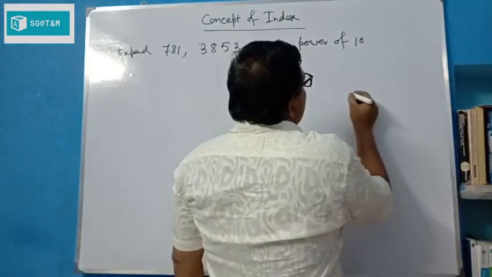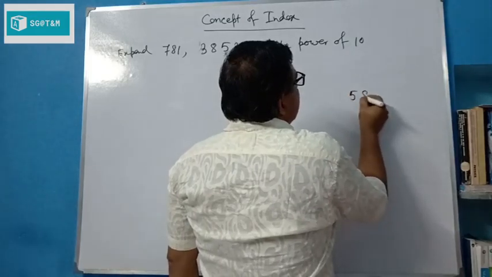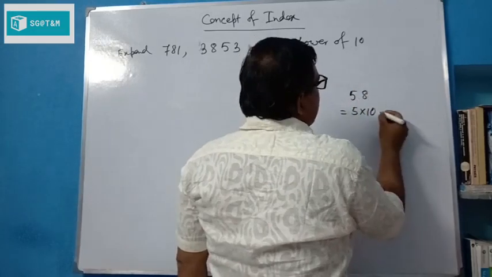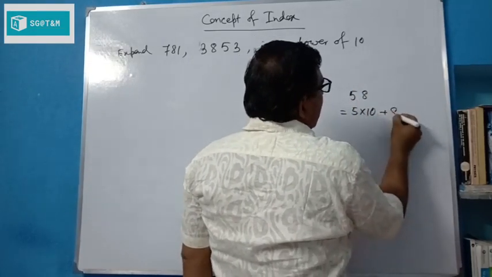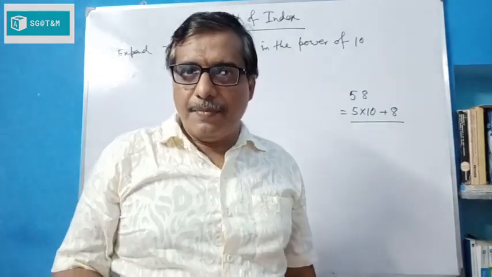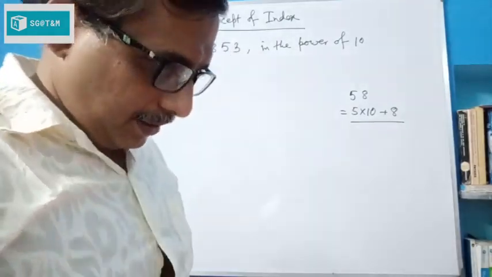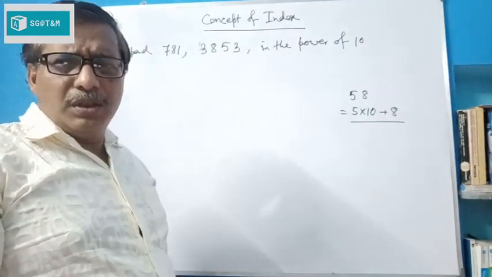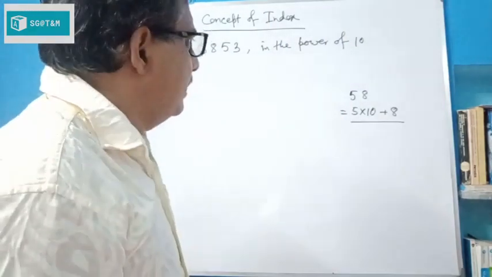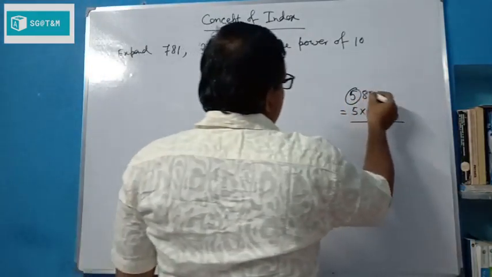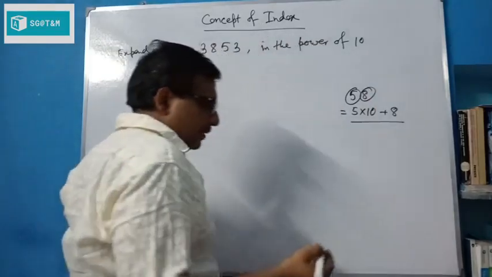If a number is given, say 58, in extended form we can write 5 into 10 plus 8, that means extended form. You wrote numbers in extended form most probably in class 3, 4, etc. 5 is the tens place and 8 is the unit place.